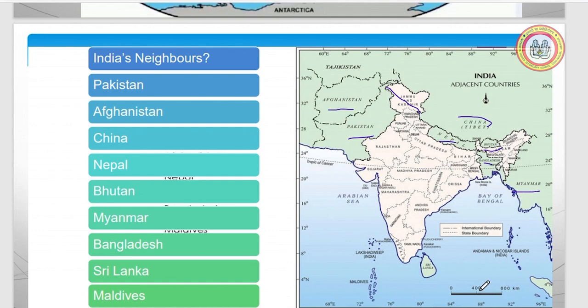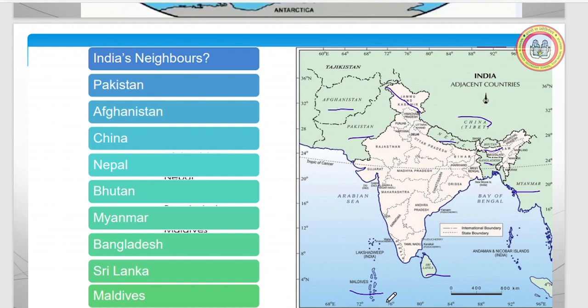Other southern neighbors across the sea consist of the 2 island countries, Sri Lanka and Maldives. These are the island neighboring countries of India.